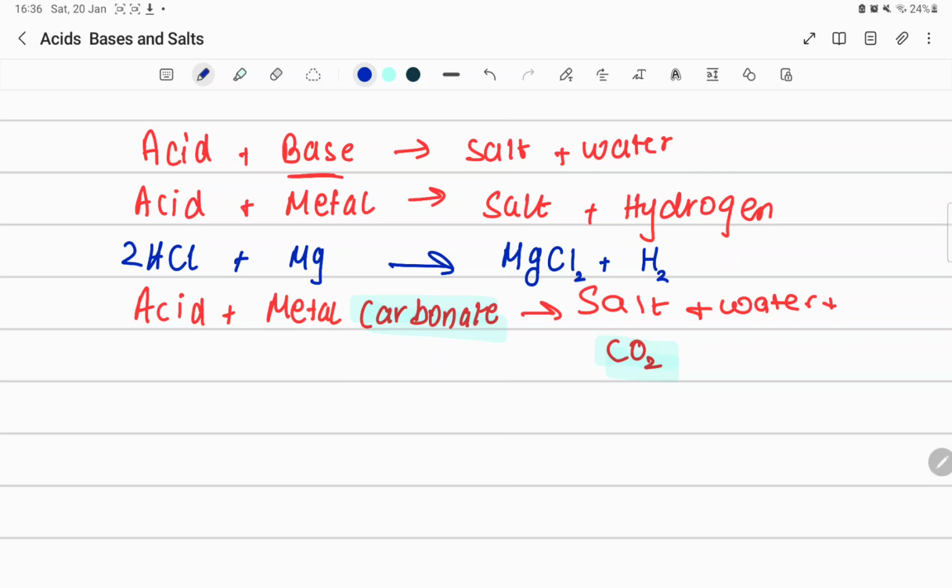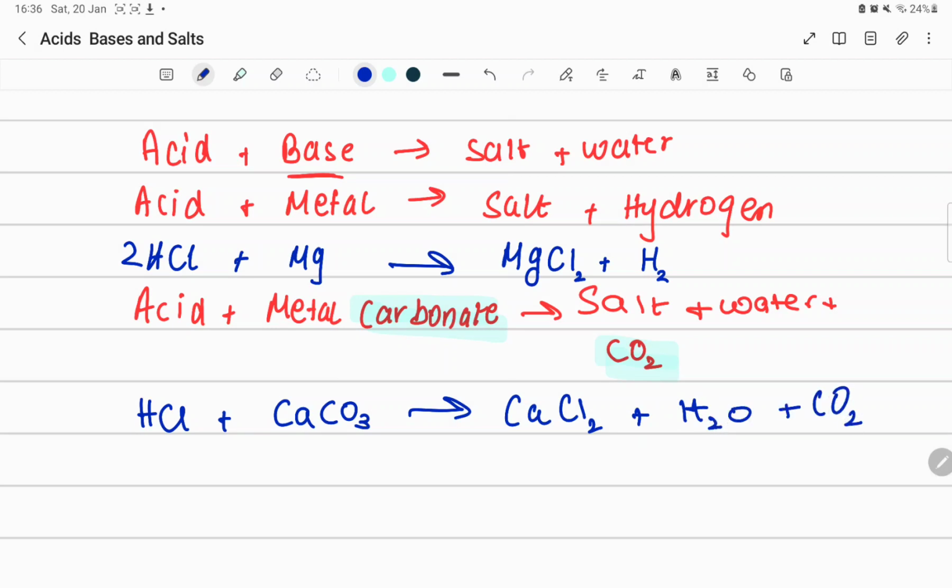So, like I said, these three are your main, very important general equations. I could give you an example here. Hydrochloric acid plus calcium carbonate gives calcium chloride plus water plus carbon dioxide.